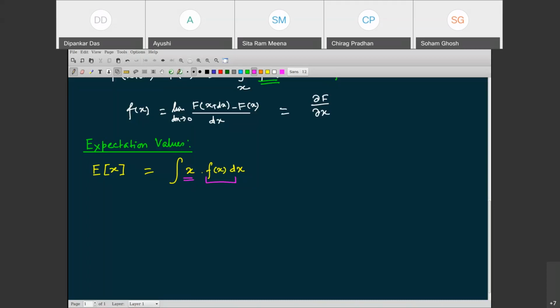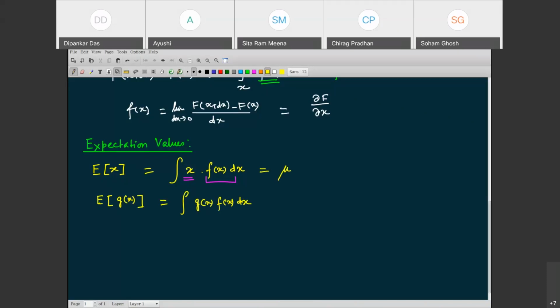In particular, the expectation value of x is the average of x, and usually we reserve the Greek symbol mu to denote the average. But in general, the expectation value of a function of x, say g(x), will be given by the integral of g(x) times f(x) dx. That is the general definition of the expectation value.